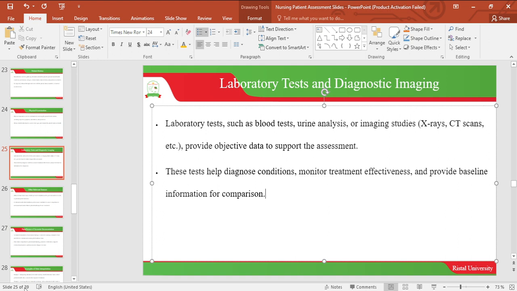Urine for urinalysis, or imaging studies, where X-rays will be involved, and CT scans, that is computed tomography, etc. These provide objective data to support the assessment. So, the laboratory tests and diagnostic imaging help to diagnose conditions, monitor treatment effectiveness, and provide baseline information for comparison.